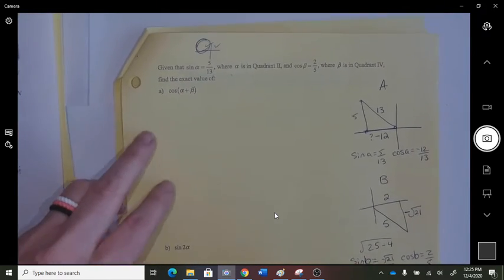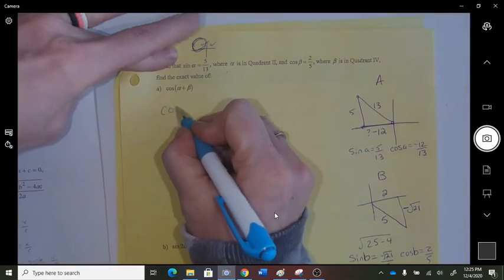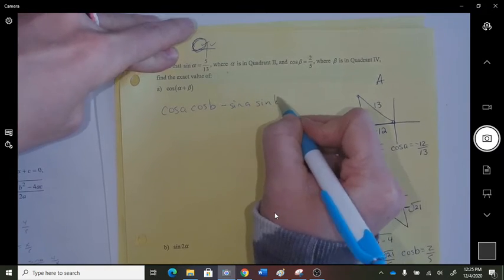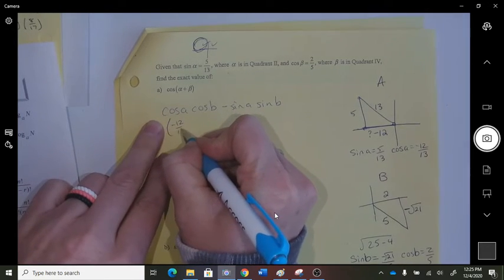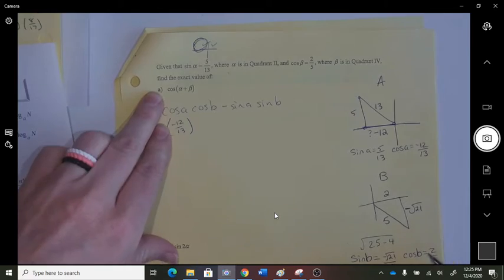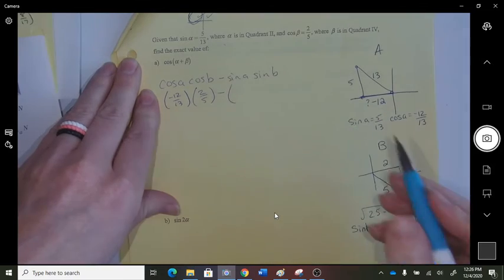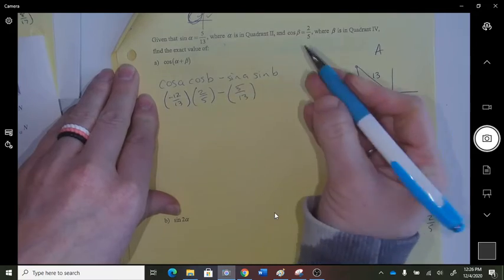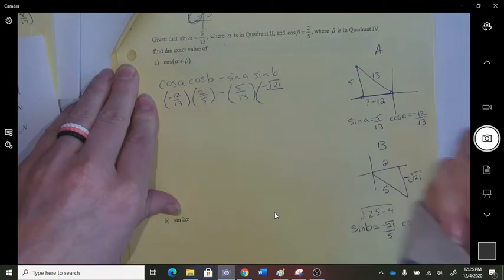Okay, so cos of A plus B. So I'm finding my formula sheet. Cos of A plus B, so cos A, cos B minus sine A, sine B. Okay, negative 12 over 13, cos B is 2/5, minus sine A, so that's 5 over 13, and sine B is negative root 21 over 5.